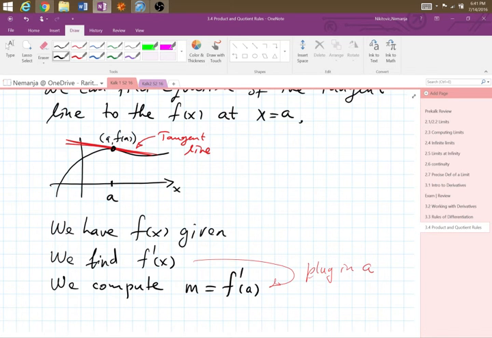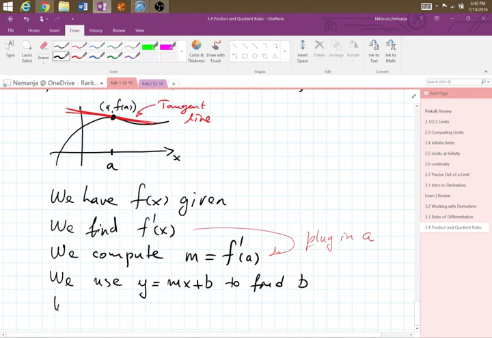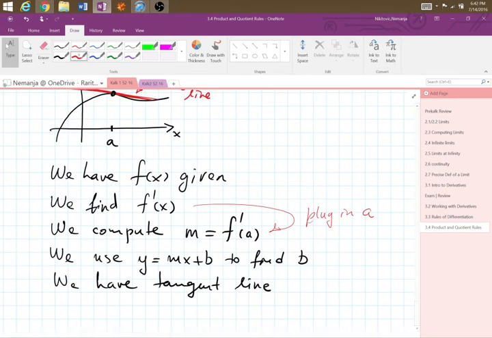And then we use y equals mx plus b to find b. We have the tangent line. So this is the procedure of how to find tangent lines right here.